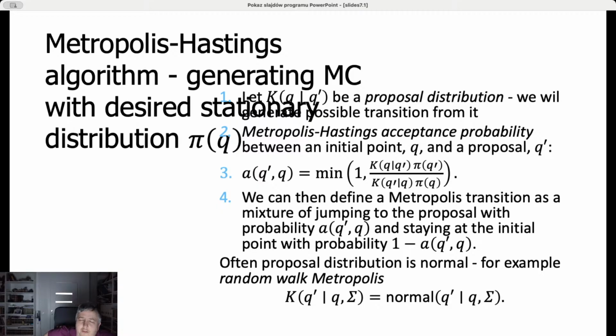Why proportional? Because we don't need the normalizing constant, and in Bayesian computation we always work on numerators. On numerators we drop the denominator, that is the total probability.